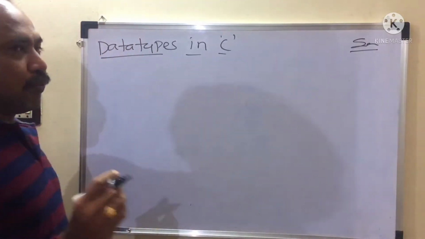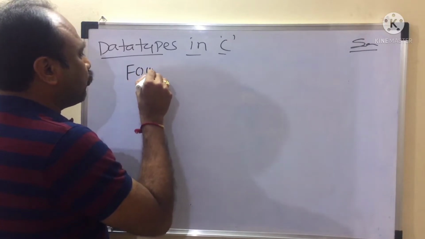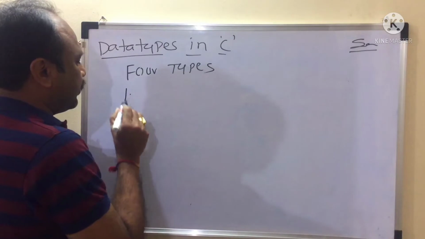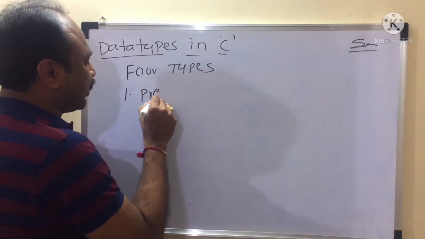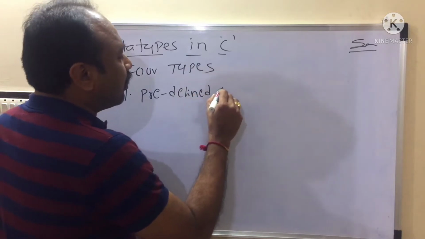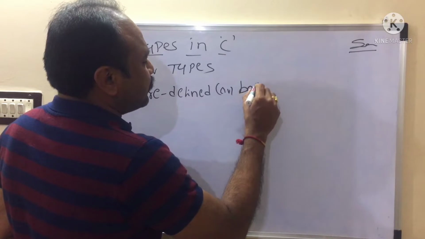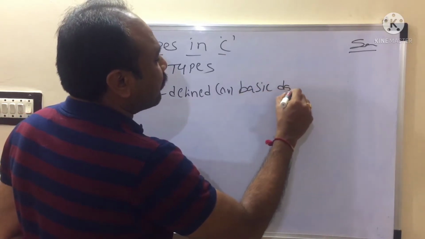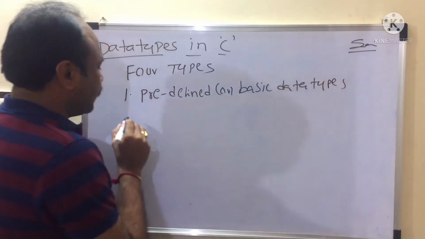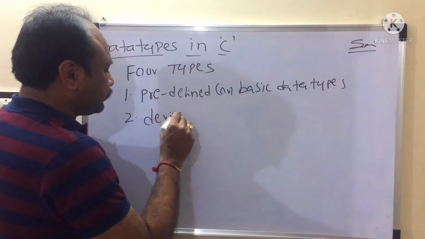C language supports 4 types of data types. Number 1, predefined data types, also called basic data types or fundamental data types. Second one is derived data types.